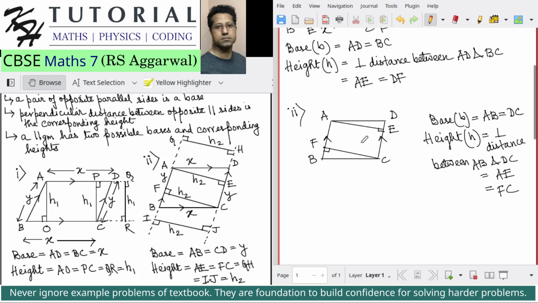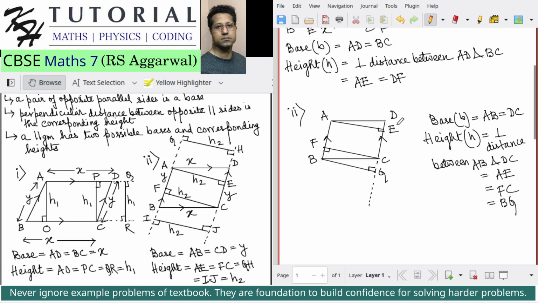Some other perpendicular distances can be, if I extend the side DC this way, I can drop a perpendicular from vertex B on the extended side DC, let's say this point G. The perpendicular distance between the pair of opposite parallel sides AB and DC will also be equal to BG.